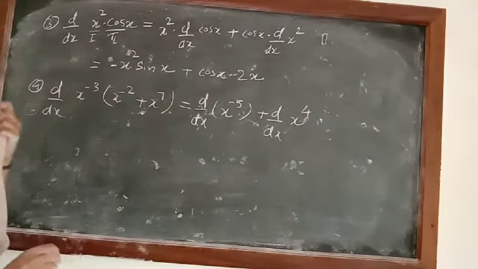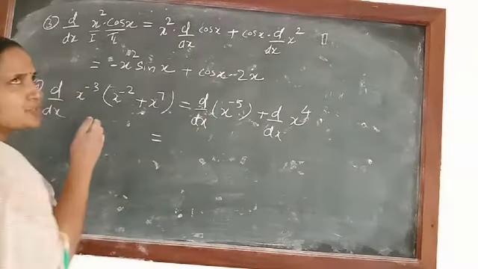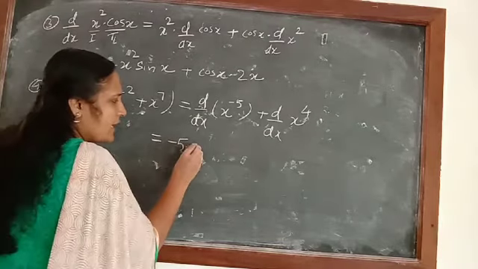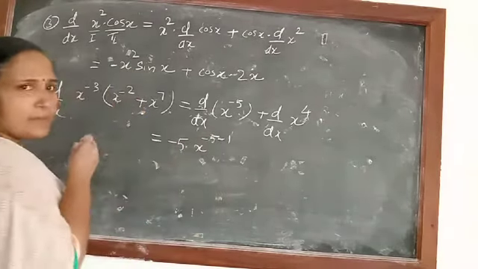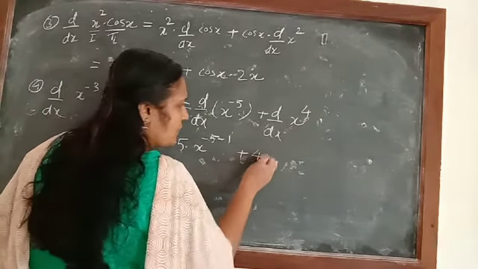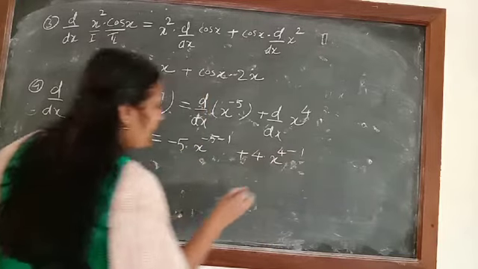X raised to 4. Now we can use the formula d by dx of x raised to n, which is n into x raised to n minus 1. So minus 5 into x raised to minus 5 minus 1, plus d by dx of x raised to 4, which is 4 into x raised to 4 minus 1.